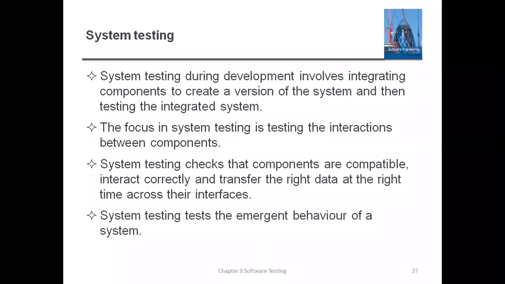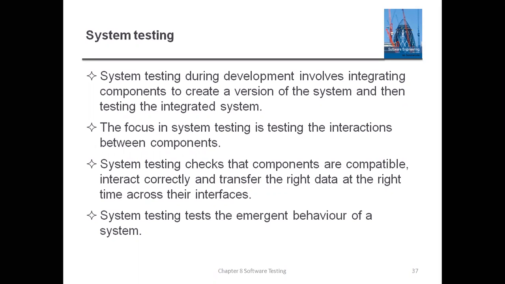In component testing, whatever we have done, we have not checked the version of the system. We have just checked all the objects and all the modules differently according to the components. Once that has been done, if you want to integrate or upgrade the version, then you need to go for system testing and focus on the interactions between the components, how it is happening, how compatible it is with all the data given, and how it is going to work on other platforms whenever we transfer the data from one system to another.